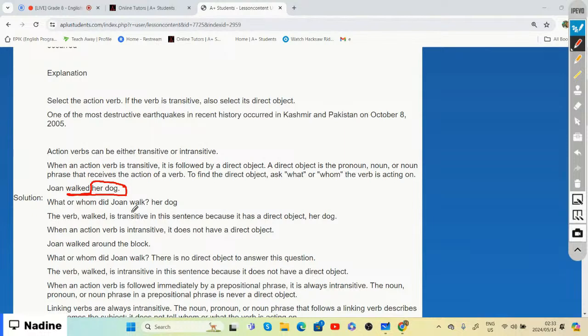Because now you're asking yourself, who or what did Joan walk, right? Then we can say Joan walked her dog. So her dog is the direct object, right? Which means that this is a transitive verb, and there we have walked as our action verb.